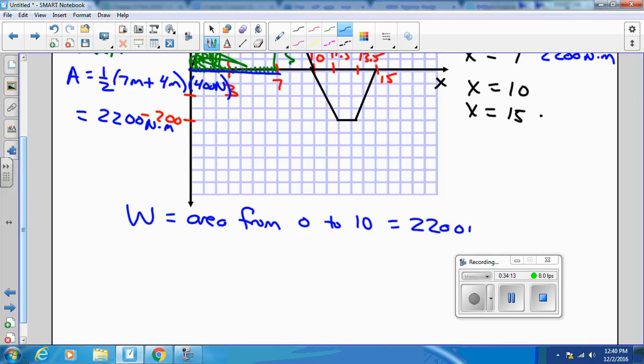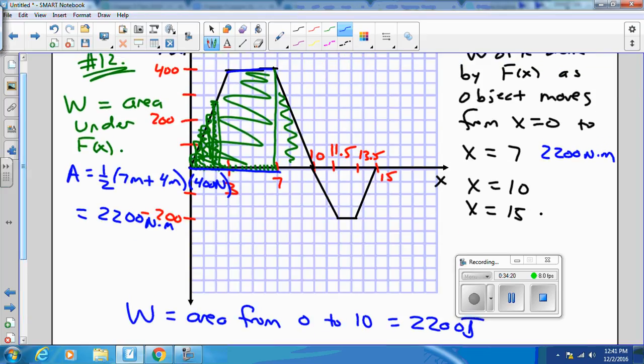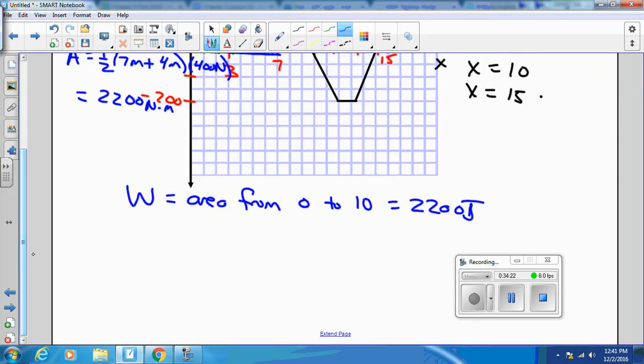Then I'm going to say that that's equal to what I got from 0 to 7, 2,200 joules, plus 1/2 of base times height, 1/2 of 400 times 3, which is equal to another 600 joules. And so the idea is that this force just gave me a payment of 600 joules, increasing the energy of my object.